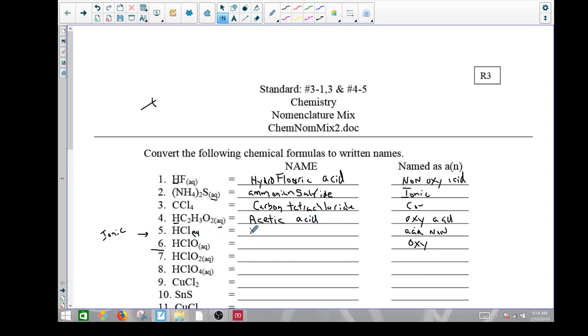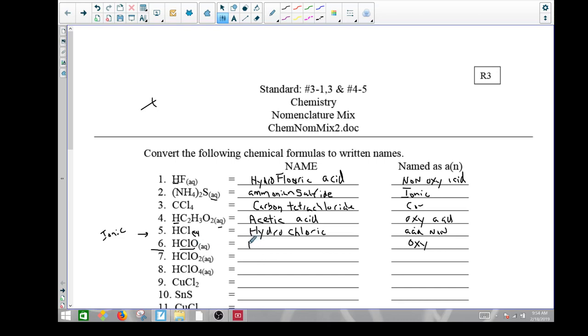A non-oxy acid starts with hydro, and then hydrochlor is my root, and I always have ic at the end. Unlike the oxy acids, I can't flip that to ic and ous. Here it's always ic.